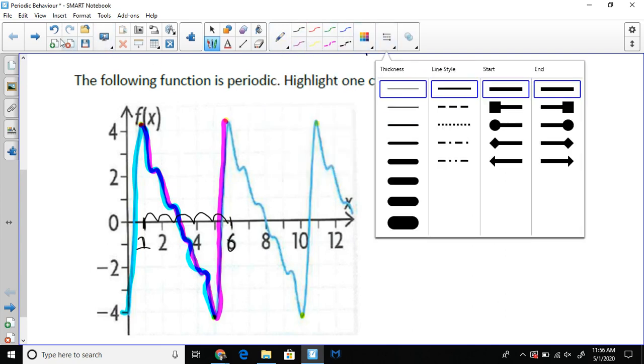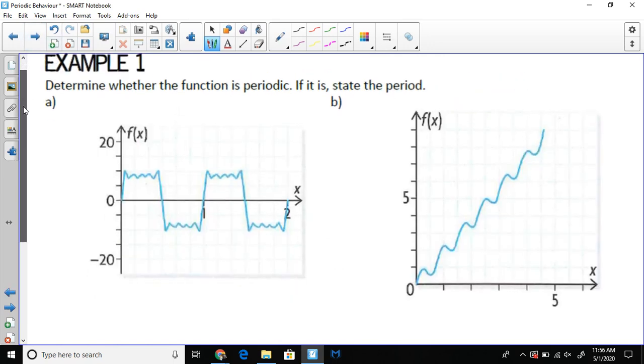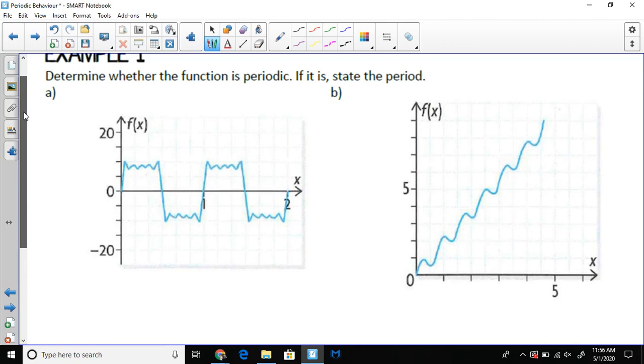Next is some more definition. Oh, sorry, examples first. Okay, so let's determine whether the function is periodic, and if so, state the period. So if I look at this, do I have repeating y values? Well, yeah, this thing is stuck between 10 and -10, right? And does it have a repeating pattern?